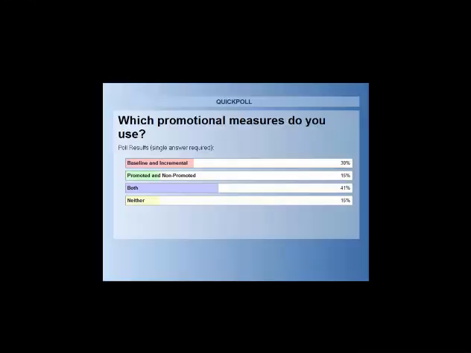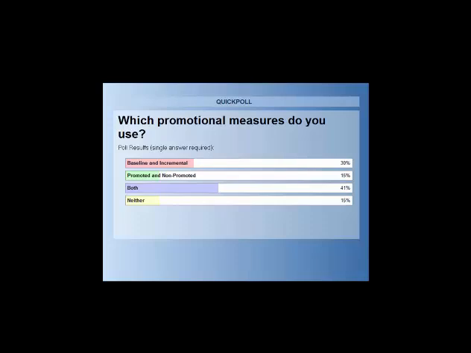So we've got another set of mixed results, and oftentimes a lot of companies don't have access to baseline and incremental data. So promoted and non-promoted can be a more common way to look at things.